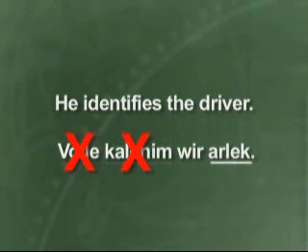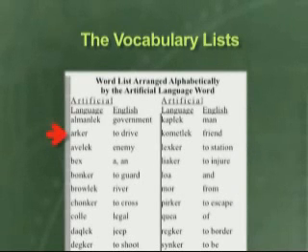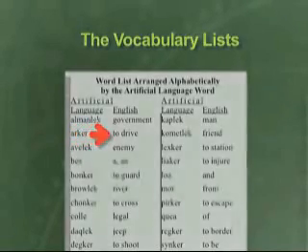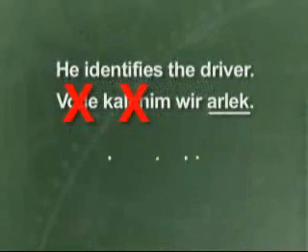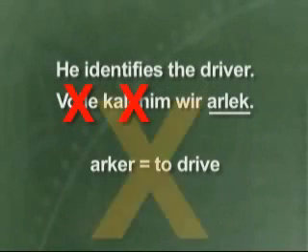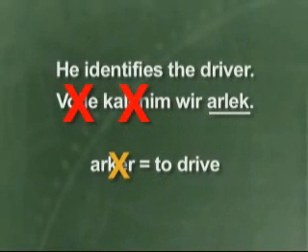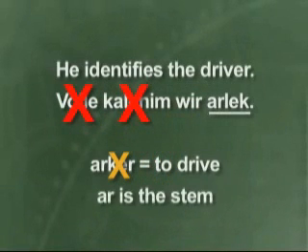The third word in the sentence is Arlek. The vocabulary list shows that arcur means to drive. So, following Rule 4 again, you drop the suffix cur to get the stem of the verb, which is are. Let's look at Rule 9.